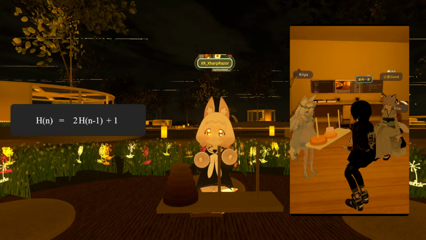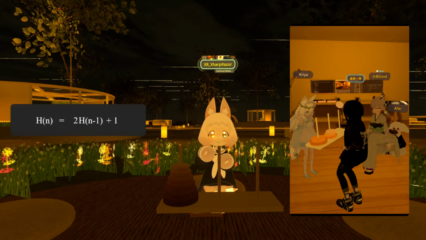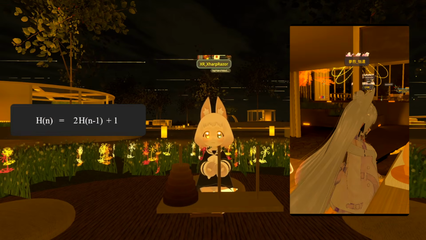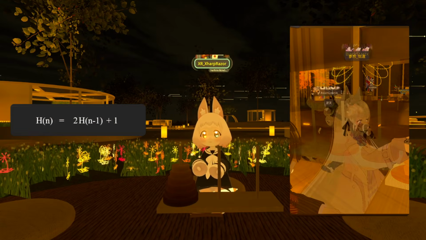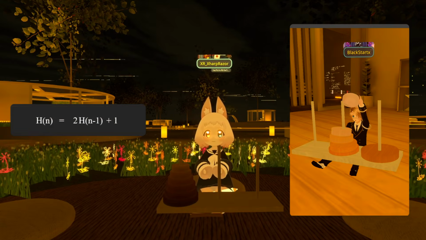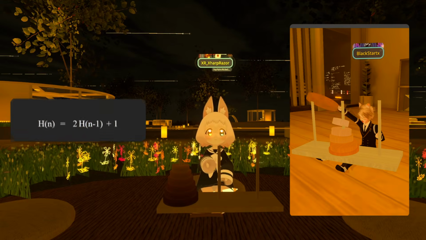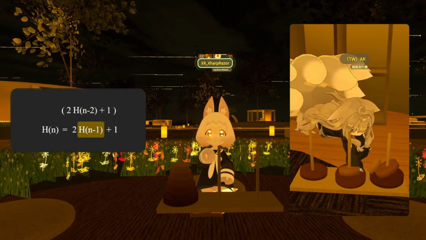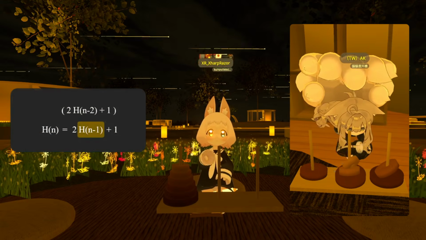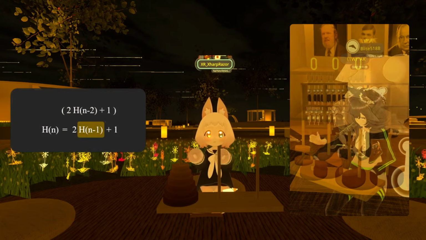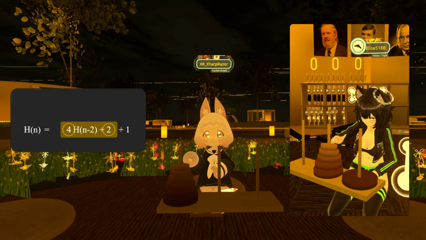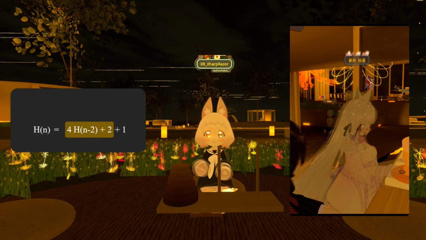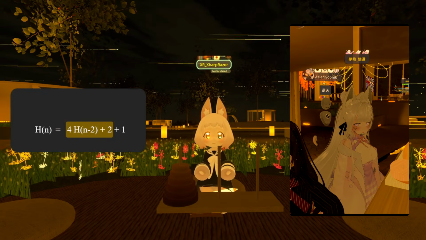Now from there, let's see if we can reach h of 0. In this case, h of n minus 1, we can actually say, hey, that is 2 times h of n minus 2 plus 1. Alright, let's do that, and multiply whatever is outside the parentheses into the parentheses.